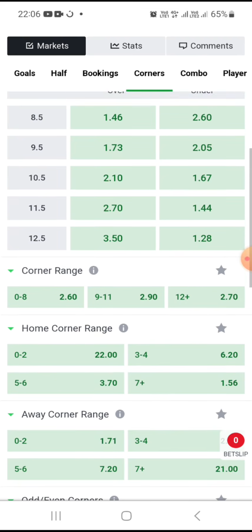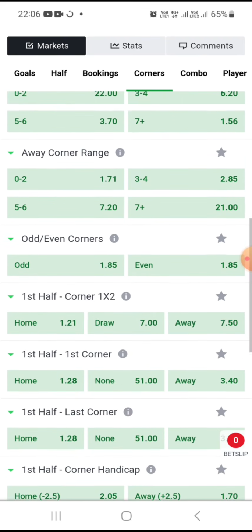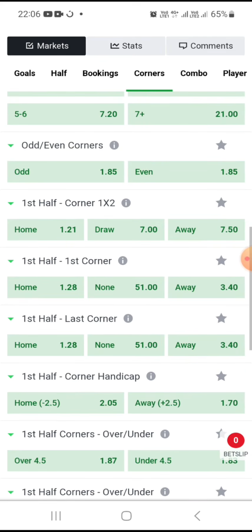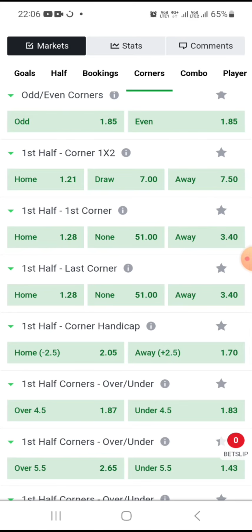And the other ones are, let's say, first half corner or second half corner. These ones are good as well, but it depends on the game you're playing.